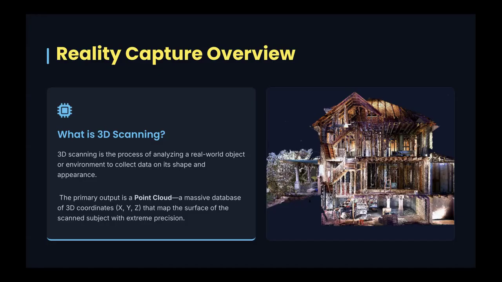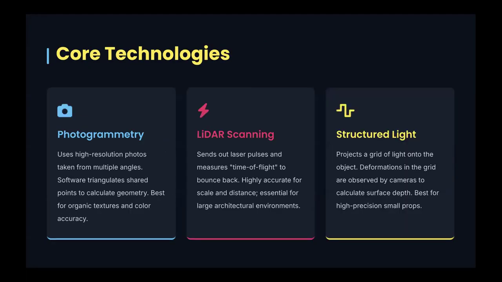It can be any place, any asset, anything you want. It's the process of analyzing that asset and converting it into digital data, into point cloud data. Let's go to the next slide and talk about the different processes for this.